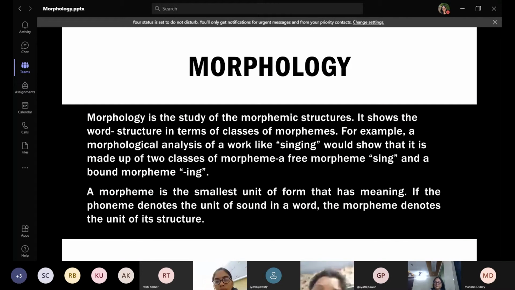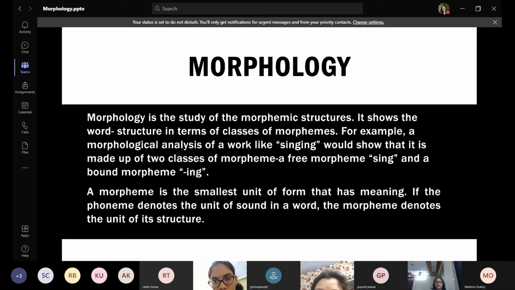So word also has a structure. The constituent parts of the structure, when they form a structure, then it gives a meaning. Here also, when morphs are arranged in a particular way, it gives meaning, it forms a word that becomes meaningful. Like in singing, if you put ing first and then sing, it would have been a wrong word.